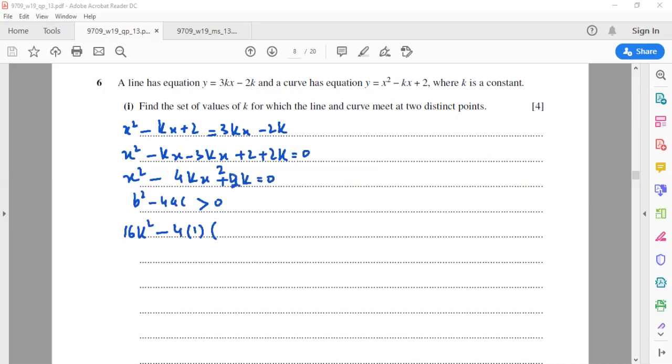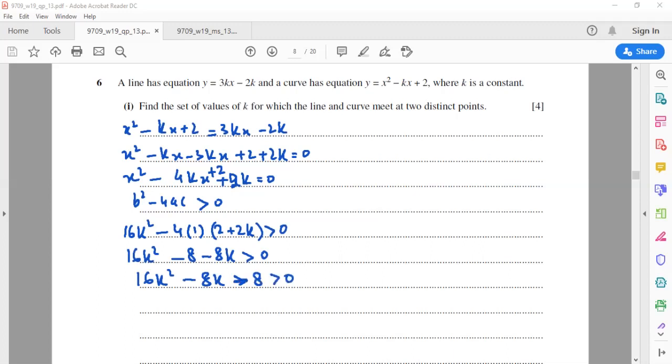So 2 plus 2k is greater than 0. So 16k squared minus 8k minus 8 is greater than 0.